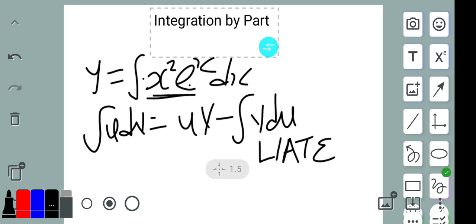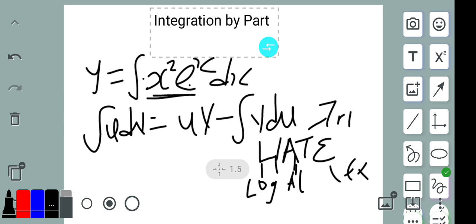Now what does LIATE stand for? It is just an acronym. The L means log, the I means inverse trigonometry, the A means algebra, the T means trigonometry, and the E means exponential. So we have logarithm, inverse trigonometry, algebra, trigonometry, and exponential.